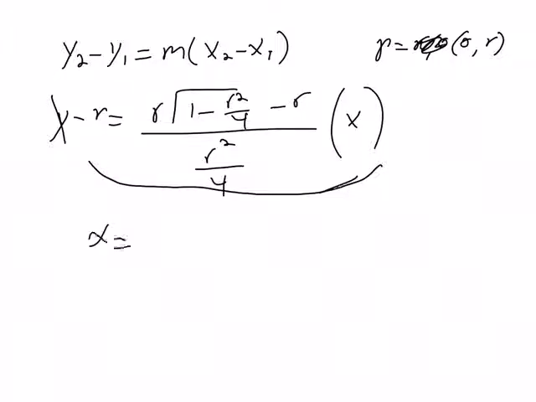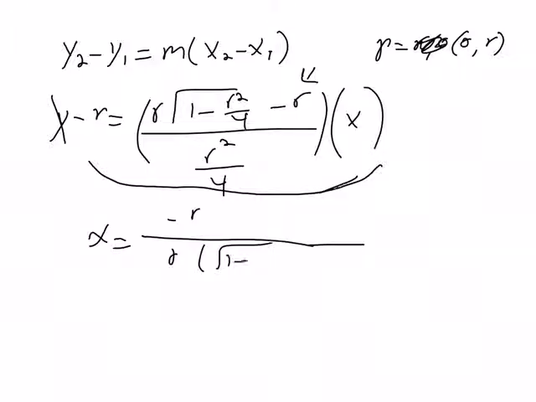We have x equals negative r over this slope over here, which is r times the square root of 1 minus r squared over 4, minus 1, I'm just taking out the r, over r squared over 4. So this is what we get.